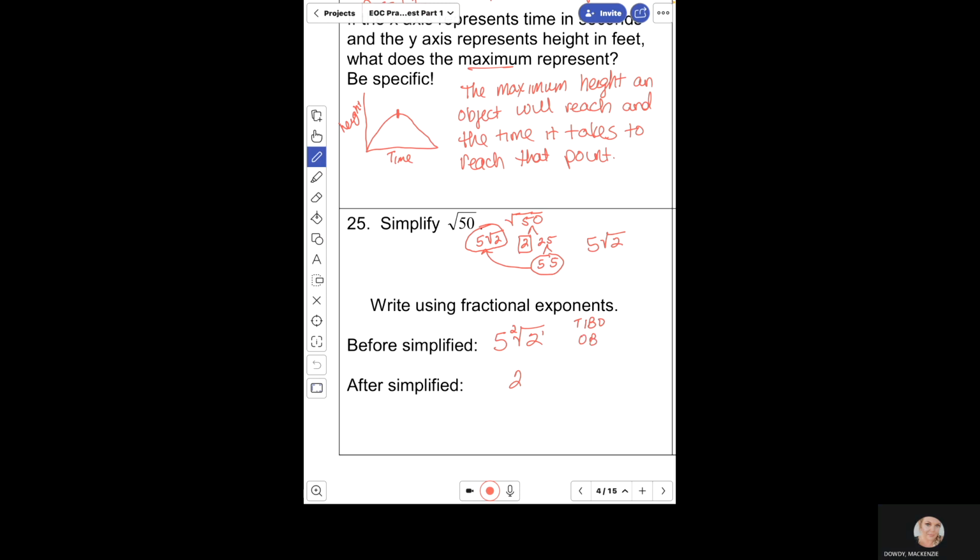That's why I don't do videos at night. I'm tired. Out, bottom, in, top. So we're going to take that outside number, put it on the bottom, and the inside number, put it on the top. So you have 5 times 2 to the 1/2. That's fractional exponents. Okay, this is number 25.